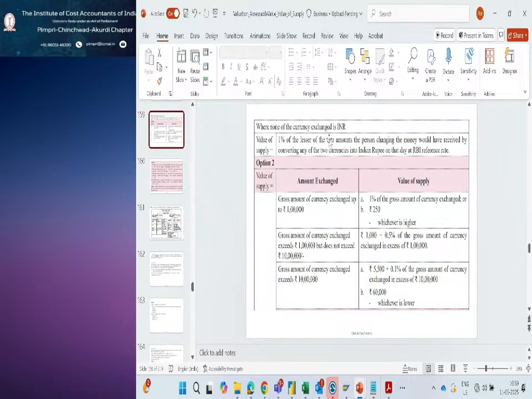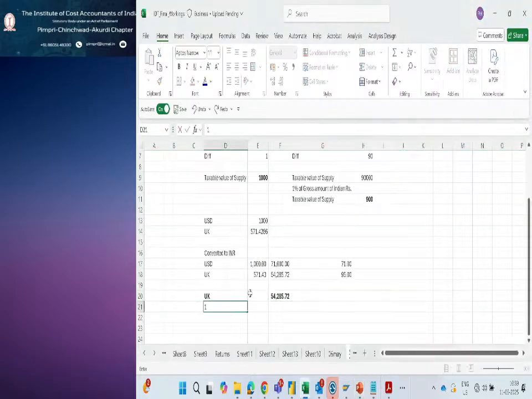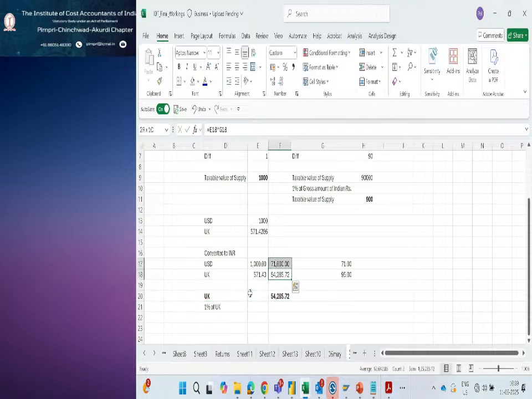So what is our formula here? When none of the currency exchanged is INR, 1% of the lesser of two amounts. So you need to take 1% of UK, because this is the lesser of the two.